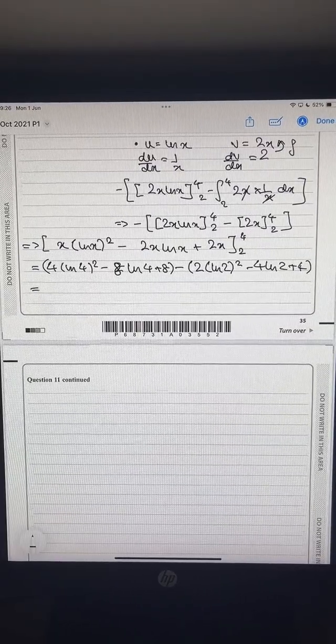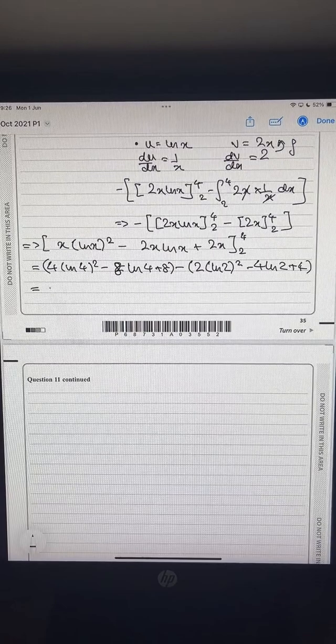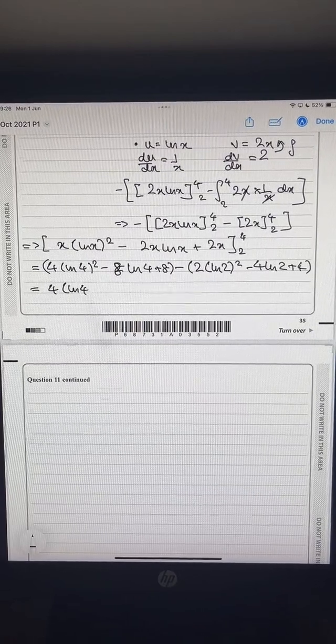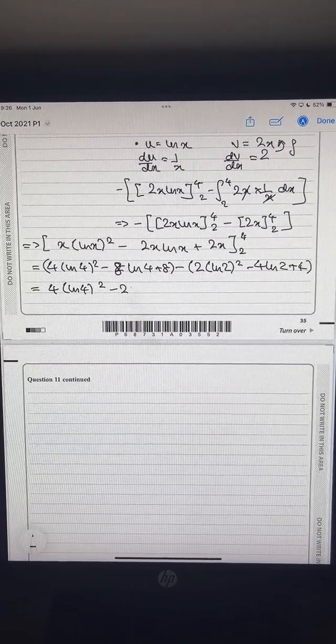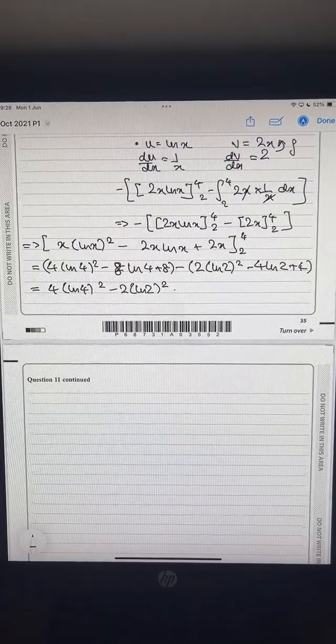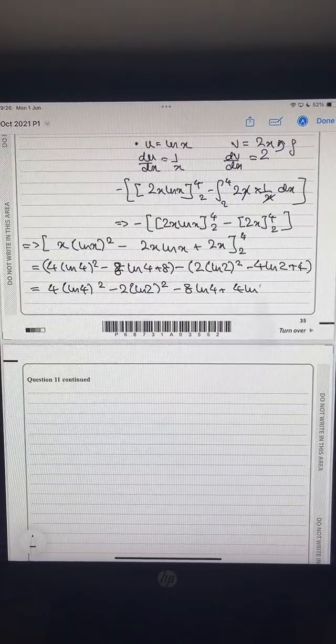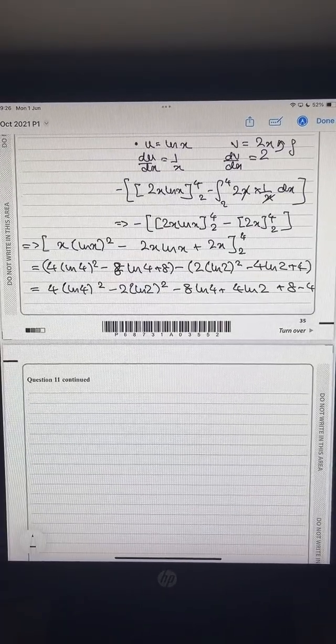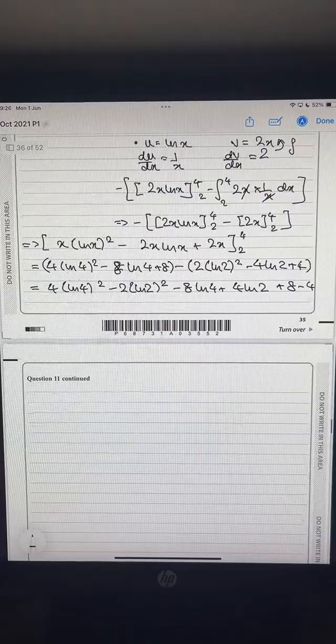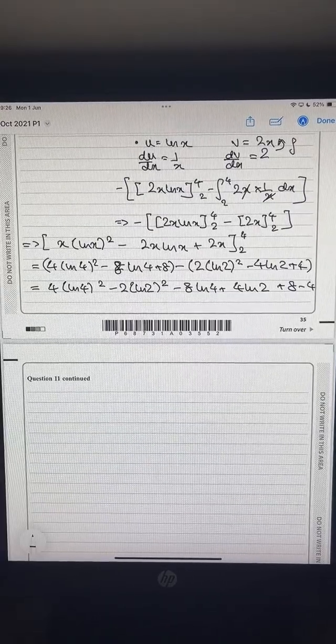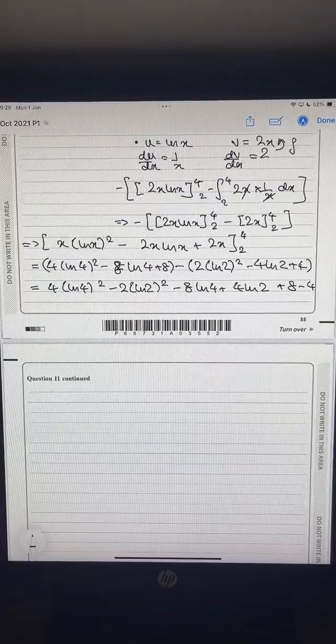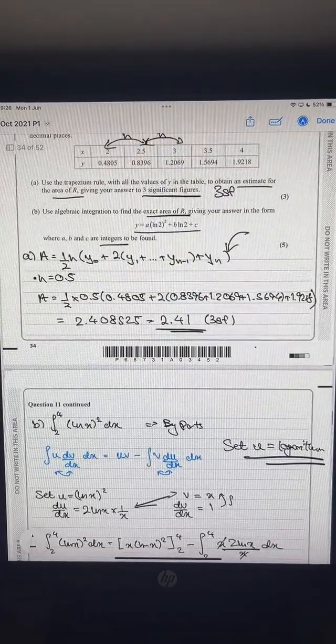Now if I group my like terms and I clean up a bit, I've got 4 ln 4 squared minus 2 ln 2 squared minus 8 ln 4 plus 4 ln 2 plus 8 minus 4. I've just put my things together, so I've got my ln something squareds together and my ln's together and my constants together.